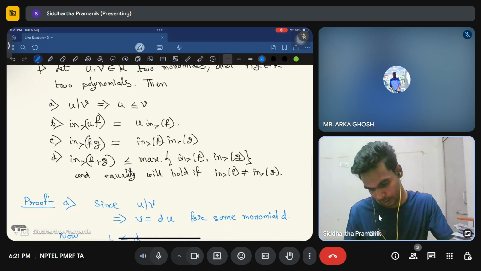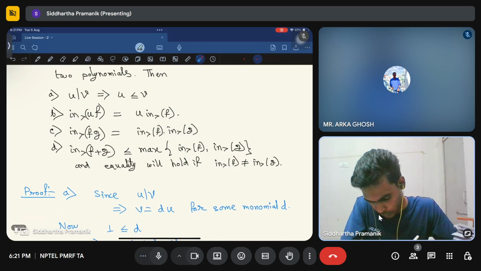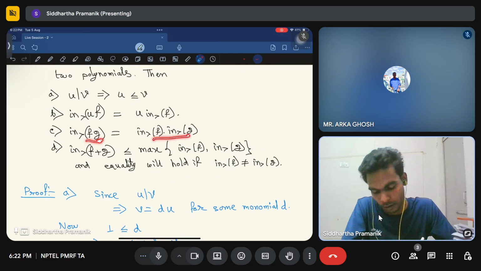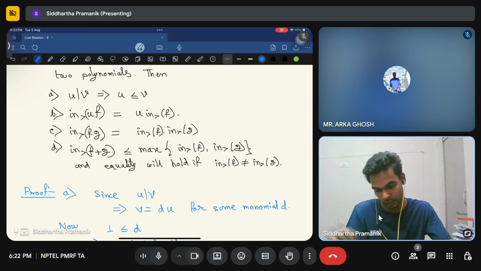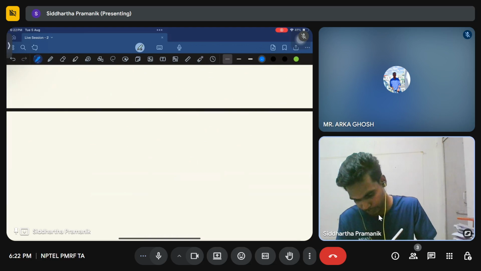Okay, let's see the third one. If we take the product of two polynomials, then the initial term of the product is the product of the initial terms. This is also actually a routine check, but let's do it.